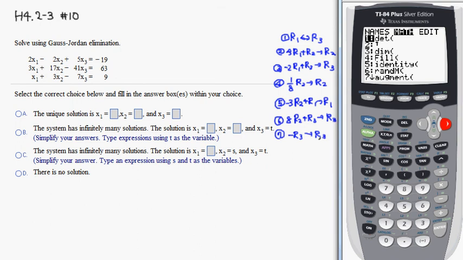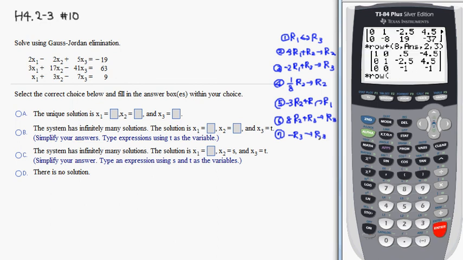Then we are looking for multiply row, so we do that, and we multiply by -1, previous matrix, and you have to specify which row, so I'm going to multiply row 3. All right, so you're going to get this, so you have +1 here.